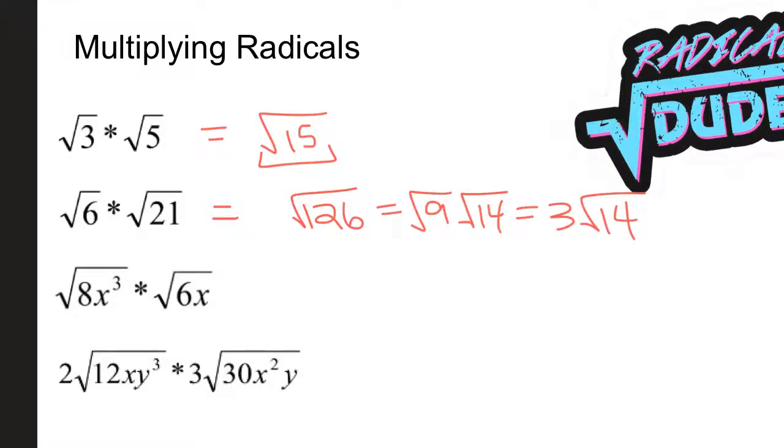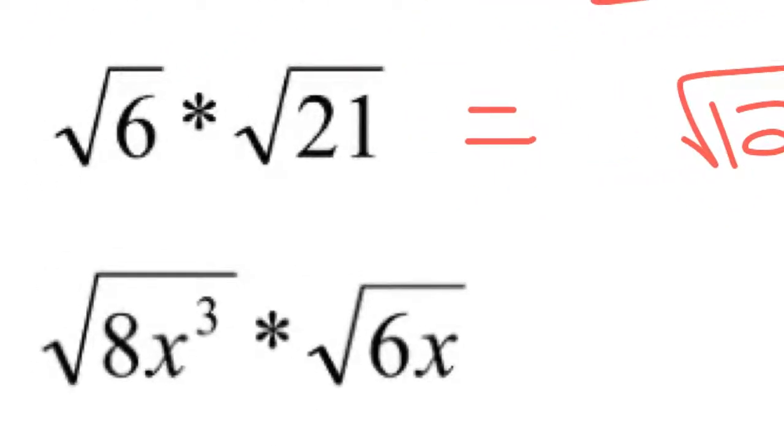Now I want to point out, let me zoom in here, 6 is 2 times 3. And then 21 is 3 times 7. So when we lump it all together, we are going to have a pair of 3's under the radical. That's what the 126 has in it. It has a 3 times a 3, which is a 9.